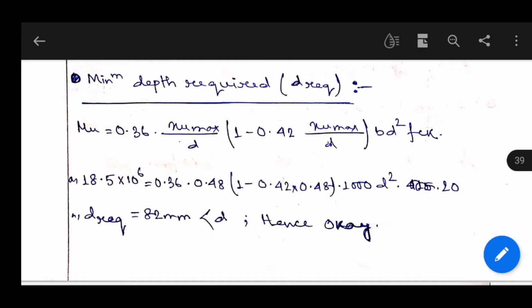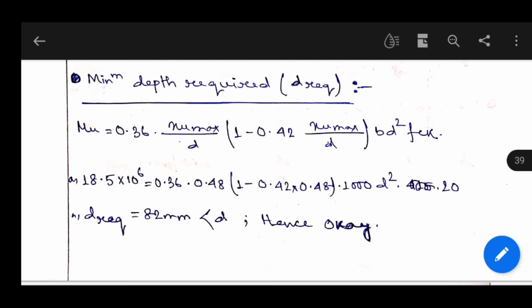Within bracket 1 minus 0.42 into 0.48, bracket closed. Now b is the width, and that is 1000 into d square into fck is 20 here. So from this, d required is equals to 82 mm, which is less than depth which we have considered.